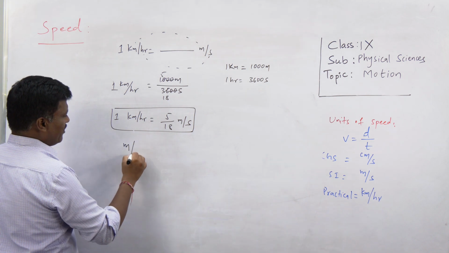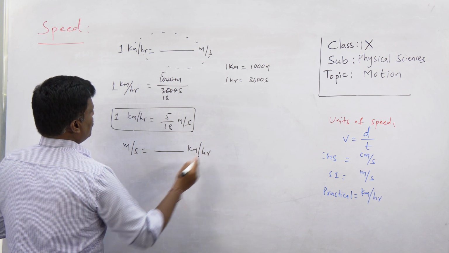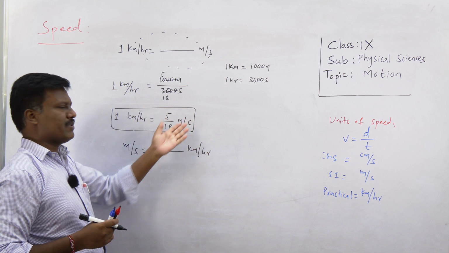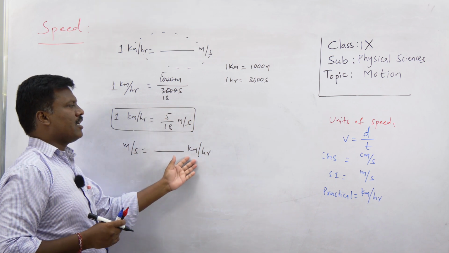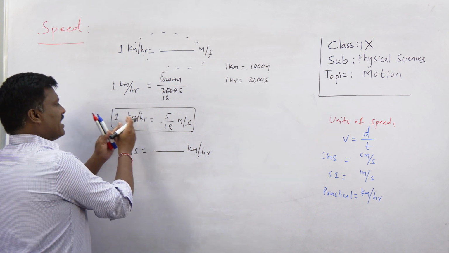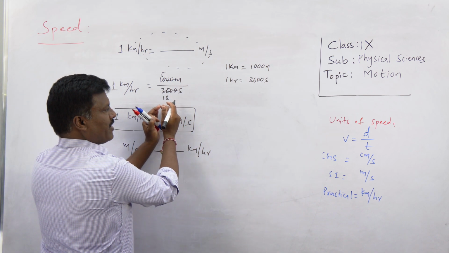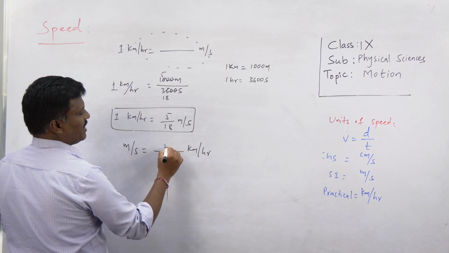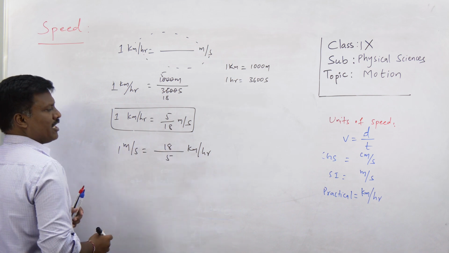Sometimes we may need to convert meter per second into kilometer per hour also. Previously we converted kilometer per hour into meter per second. Now we have to convert meter per second into kilometer per hour. Simple idea: 1 kilometer per hour is equal to 5 by 18 meter per second. If you bring this 5 by 18 from RHS to LHS, it becomes the reciprocal, 18 by 5. So 1 meter per second is equal to 18 by 5 kilometer per hour.